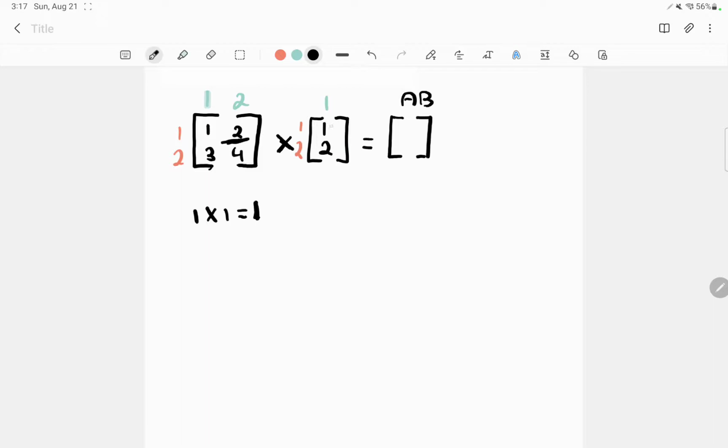And on the other side, I'm going to do row 2, but column 1. So what is 1 times 2? Oh, no, actually, I'm wrong. What is 2 times 2? 2 times 2 is going to be 4.